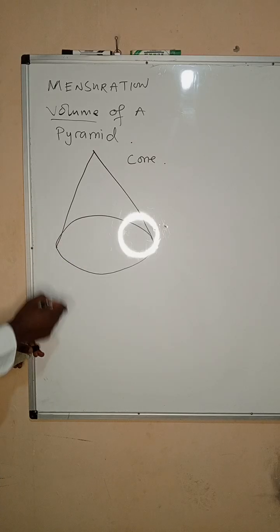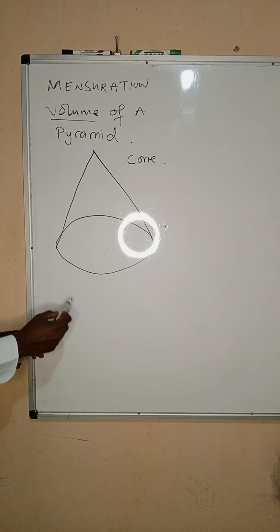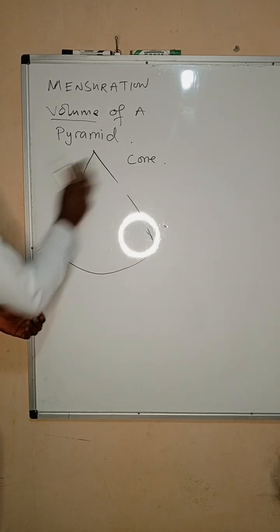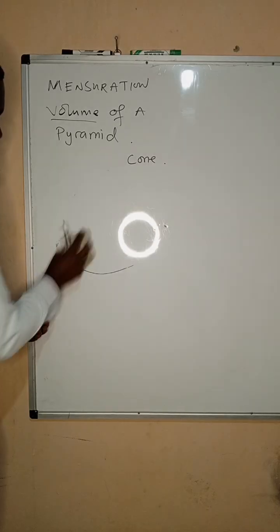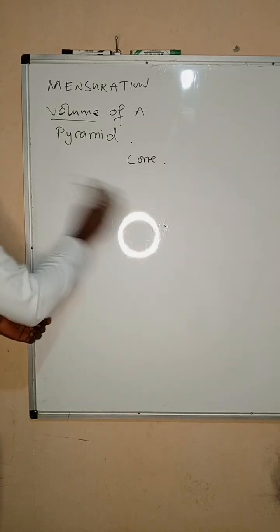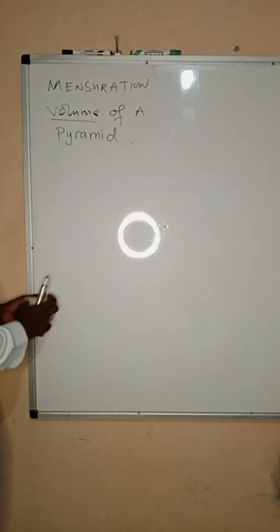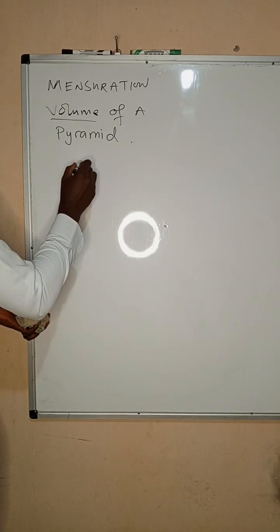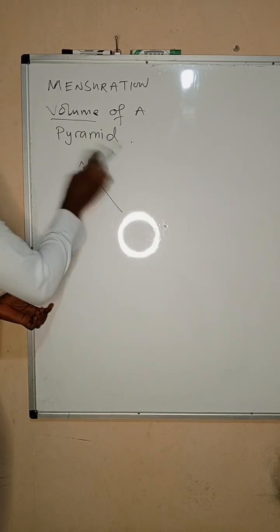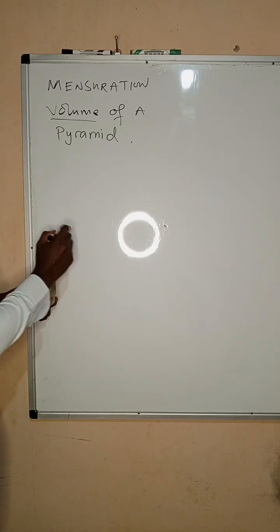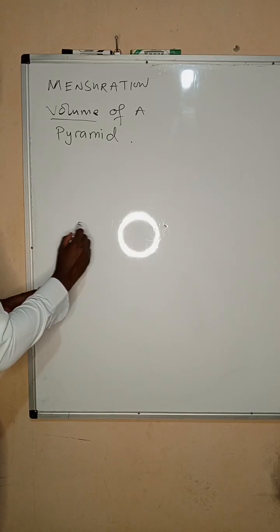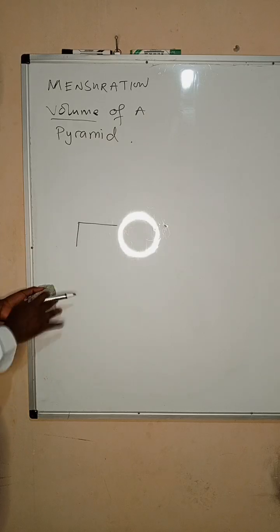And then sometimes a pyramid doesn't just look like this. Let me draw another way it can look like. Another pyramid, another form, it can look something like this. I'll draw a rectangle down here.